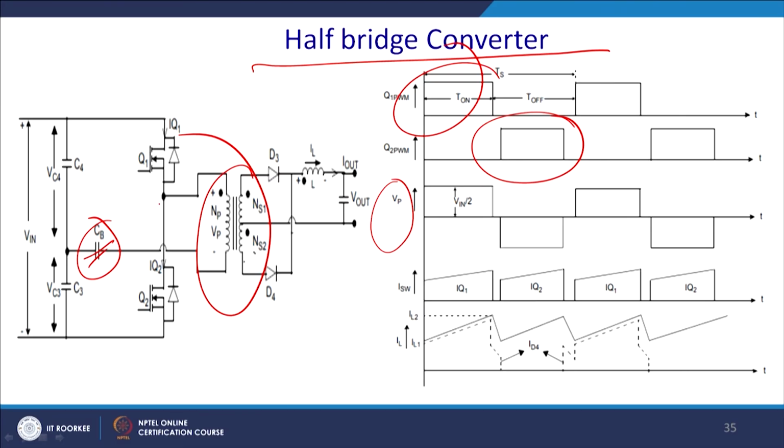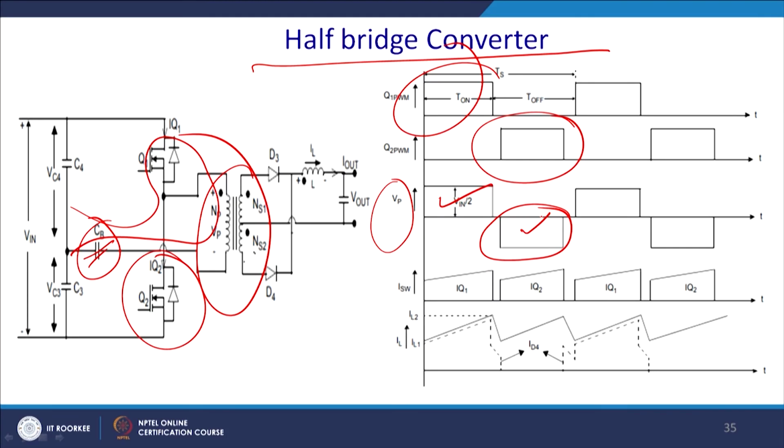Since Q1 is triggered, current flows through this, and this point is blocking half of the voltage. So the voltage rating of the switch is just Vin by 2. Similarly, you get a negative cycle also, so you have positive voltage cycles and negative voltage cycles.